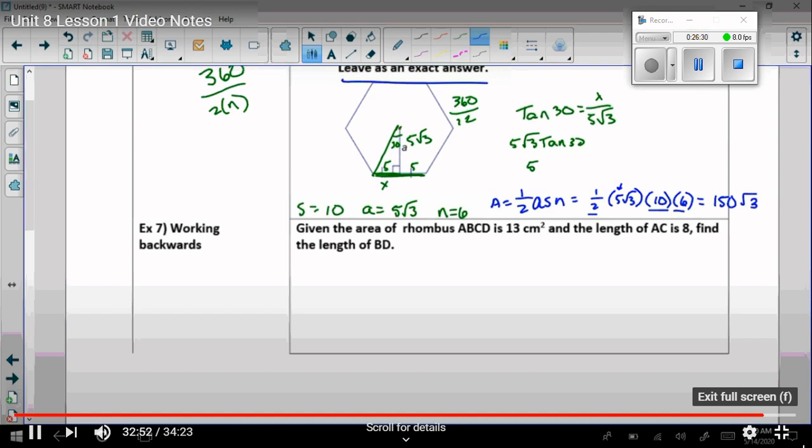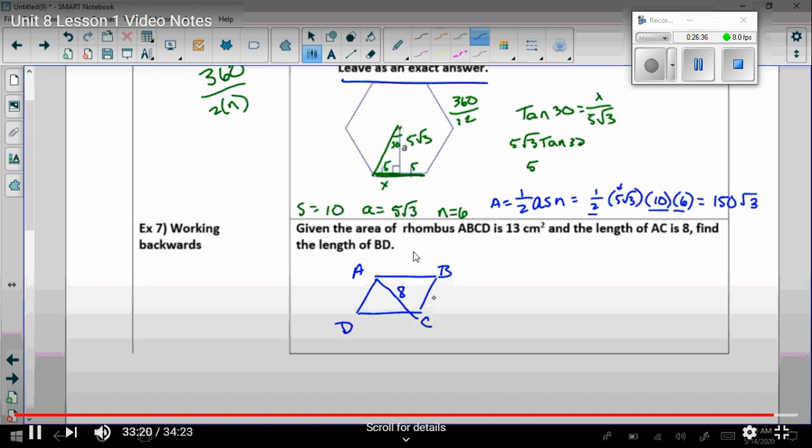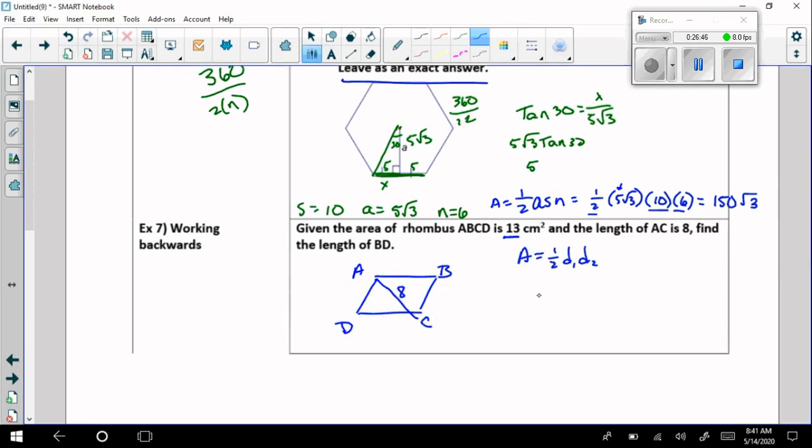And then last, I just wanted to remind you we can work backwards. We did a circle one, but if you have a rhombus and you know that the length of AC, so this diagonal, is 8, and the area is 13, your rhombus formula is 1/2 d1 d2. Just plug in what you know and solve for what you don't.